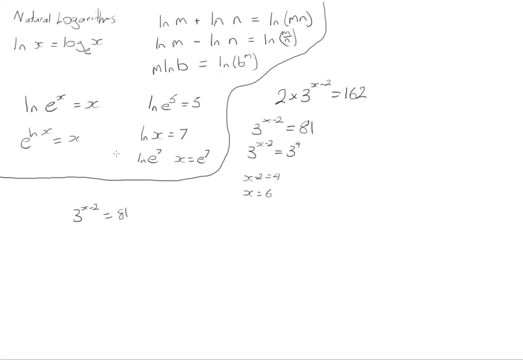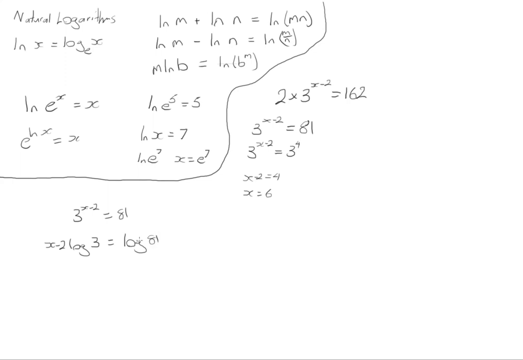If we work backwards from this rule here, we could have b to the power of m, which is m ln b. So let's work backwards. We could take this x minus 2 term, so x minus 2 times log of 3 is just going to be equal to the log of 81.